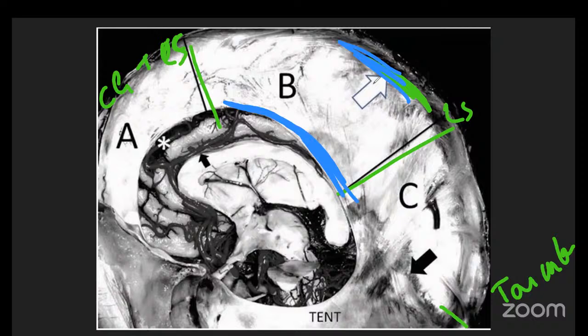We did discuss the anatomy, right? Apart from that, if it is completely anterior and ends up growing into a big lesion, there can be direct compression over the ACA-ACOM complex.